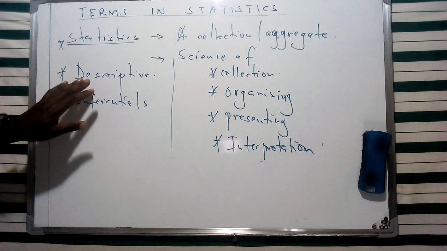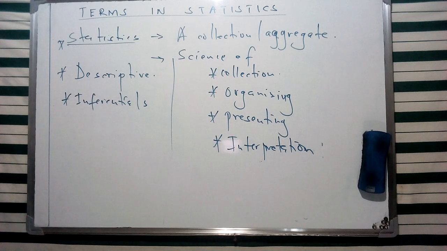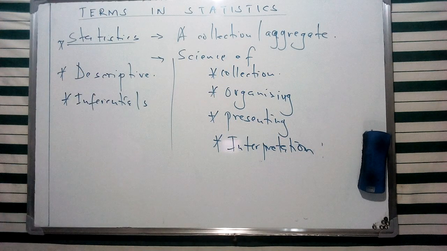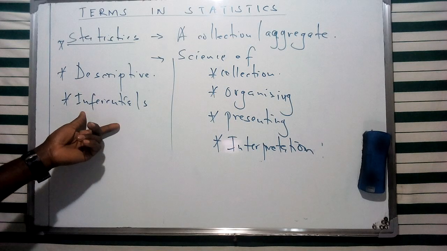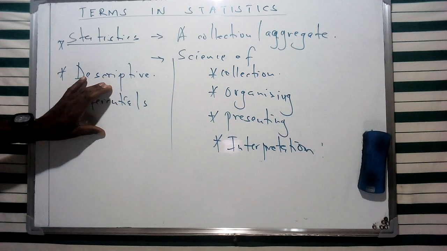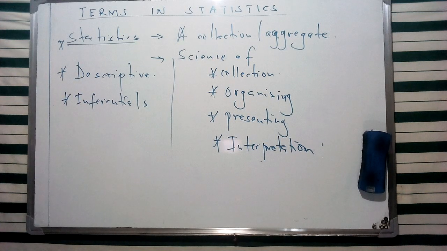Descriptive statistics involves a summary of calculations, charts, graphs, and tabular forms of this specific type of data. And inferential statistics is a method that is used to generalize some specific characteristic of a sample that is going to represent a population.